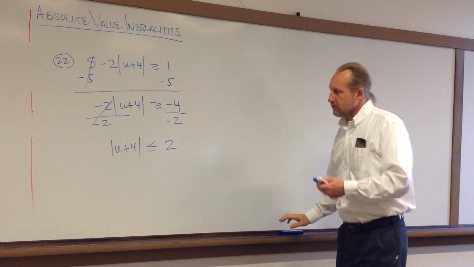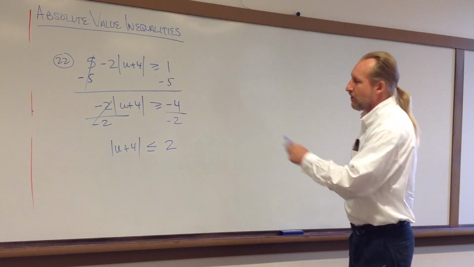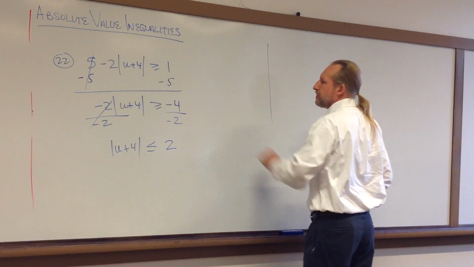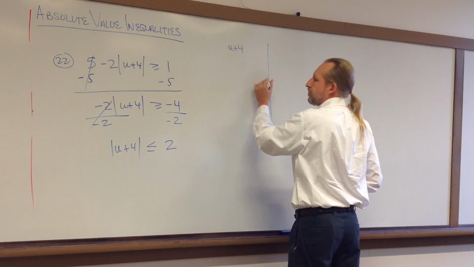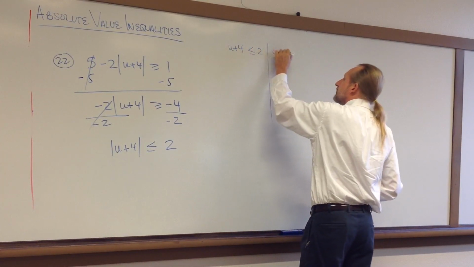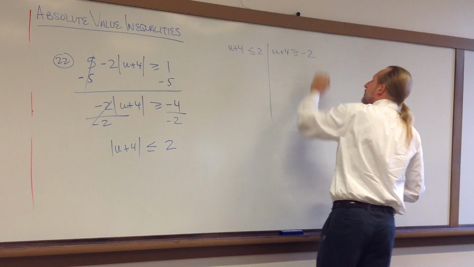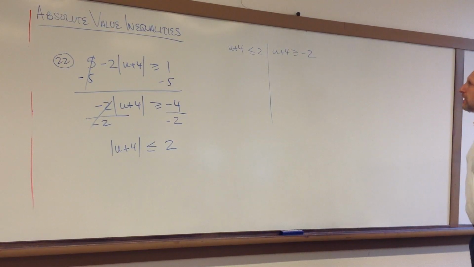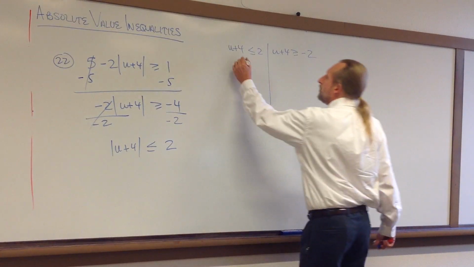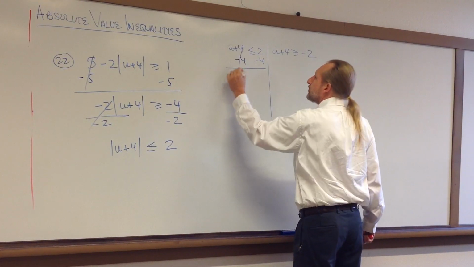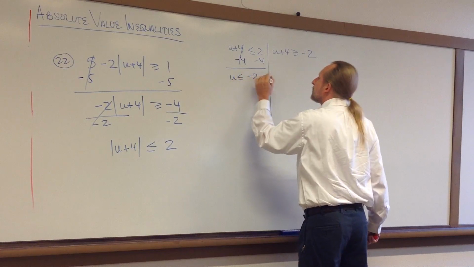All right, so we'll take this u plus 4 and we'll split it in two pieces. U plus 4 less than or equal to 2, and, u plus 4 greater than or equal to negative 2. And in both cases, subtract 4 on both sides.